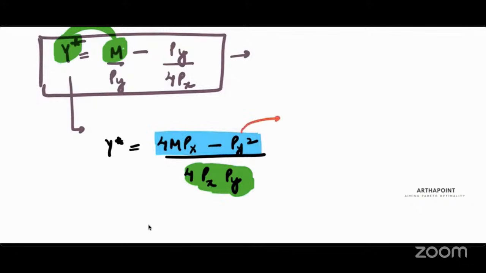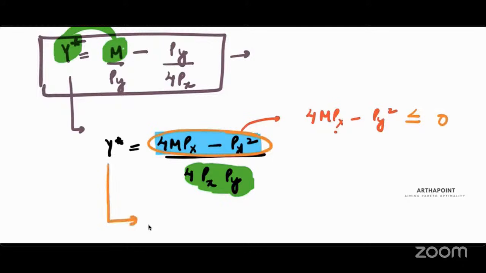What if this numerator 4mpx minus py square is either 0 or less than 0? Then in that case, your y cannot be negative. You cannot consume negative quantity, but it will come out to be negative or 0. So in that case, your y would simply be 0.